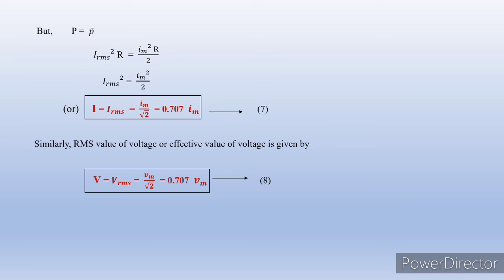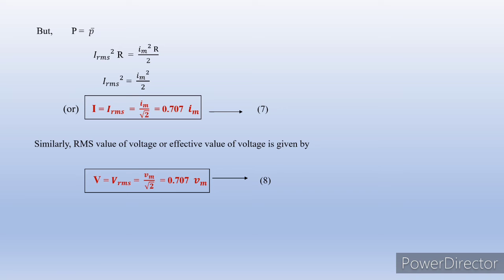Therefore, I square RMS into R is equal to Im square into R divided by 2. Cancelling R on both sides, I square RMS is equal to Im square by 2, or capital I, which is equal to I RMS, is equal to Im by root 2, that is equal to 0.707 into Im.